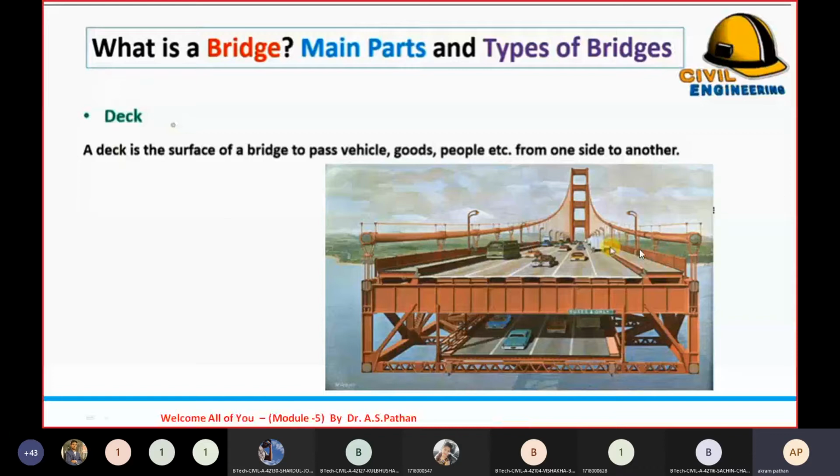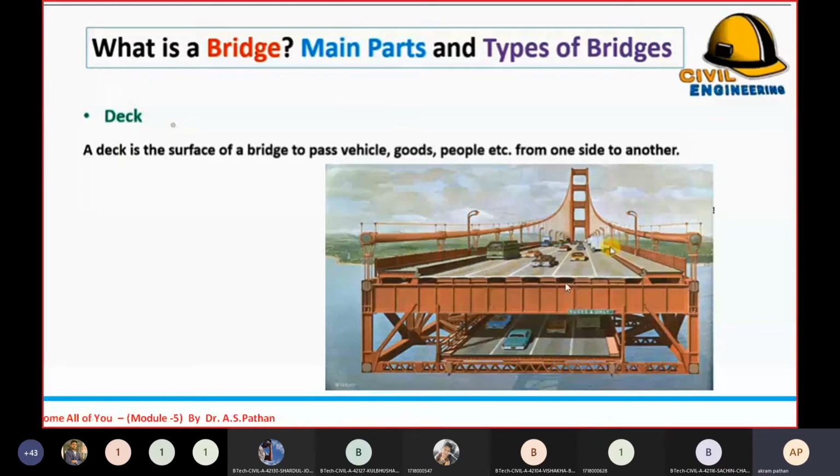This surface is called the deck slab. So the deck is the surface of a bridge to pass vehicles, goods, people, etc. from one side to the other side. Then we call it a deck.